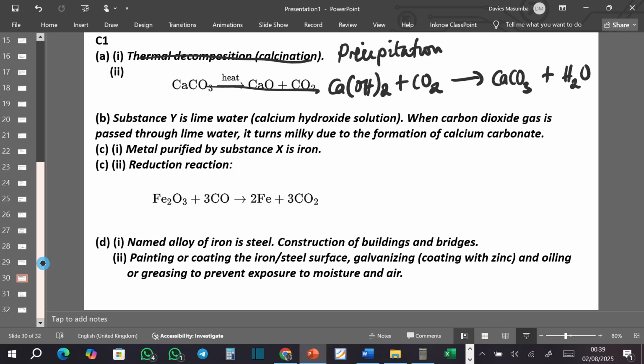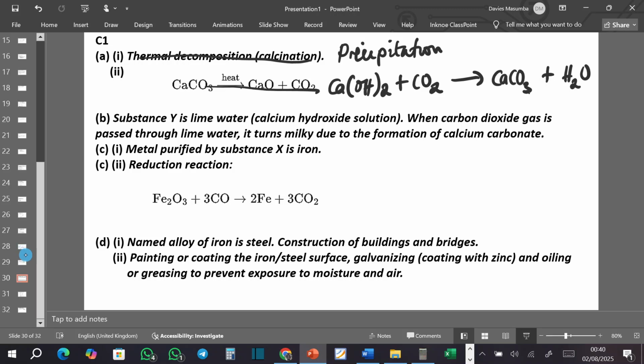So you count: calcium 1, hydrogen, because there's a 2 outside here too, and there are 2 there, oxygen, there are 2 here plus these 2 here, 4, so 3 here plus 1, 4, and carbon 1. It's balanced.